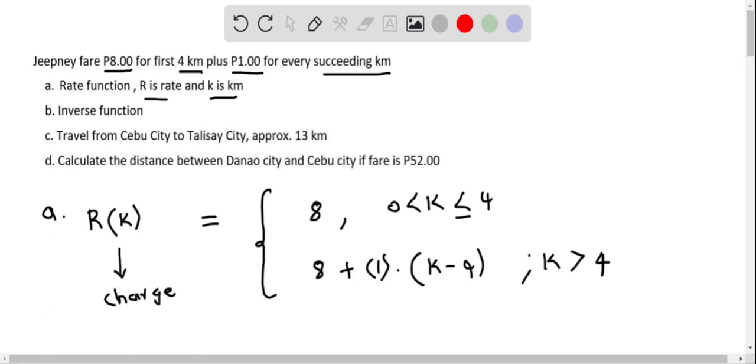Notice that this can be simplified as 8 plus 1 times k minus 4, which is 8 plus k minus 4. So this is simply equal to k plus 4.